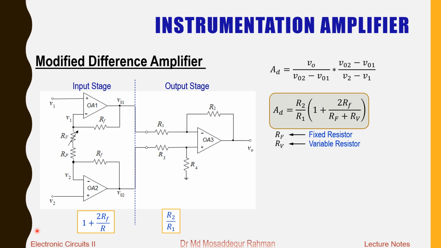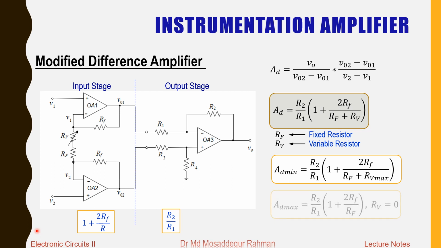So with this modification, now you are able to vary the gain of the overall circuit, the modified circuit, from some minimum value to some maximum value. The gain will be minimum when the Rv, the variable resistance value, will be maximum.